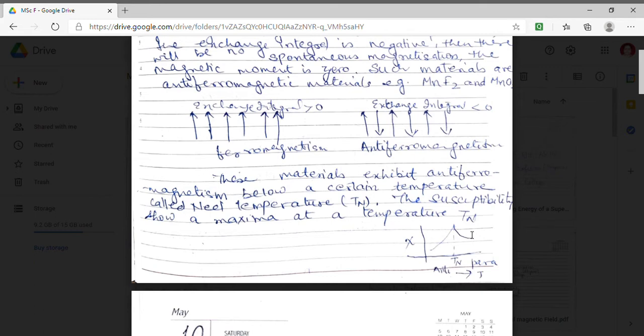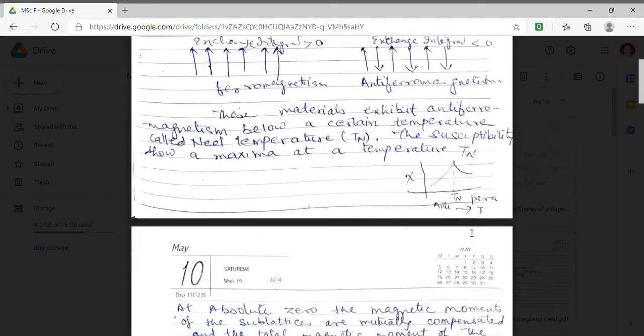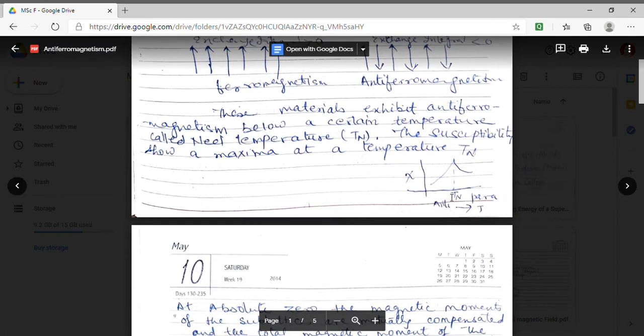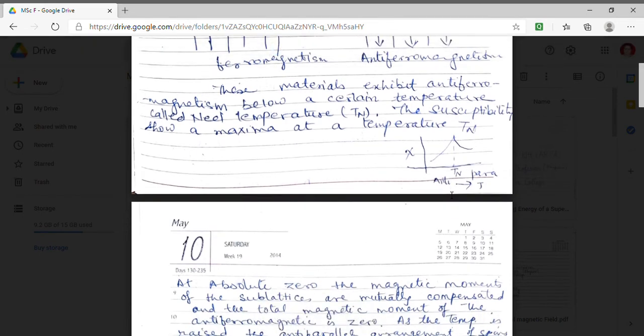So these materials show antiferromagnetic nature below a temperature Tn and susceptibility follows a paramagnetic behavior above the Néel temperature. When the temperature is 0, the magnetic moments of the sublattices are compensated and the net magnetic moment is 0.